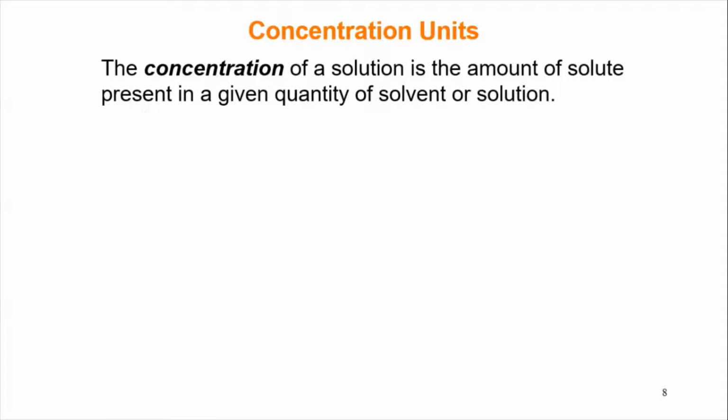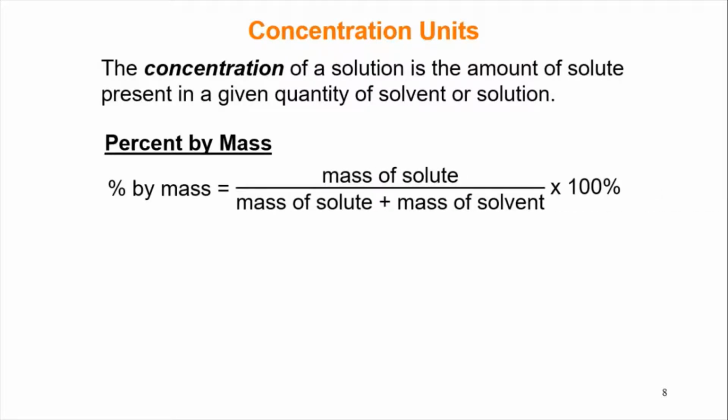Some concentration units are a ratio of solute to solvent. Some of them are a ratio of solute to total solution. One of the most common ones is the percent by mass. This is used very commonly in many different applications. And the percent by mass, you calculate it by dividing the mass of solute by the total mass of solution, which is solute plus solvent, times 100%, all right?